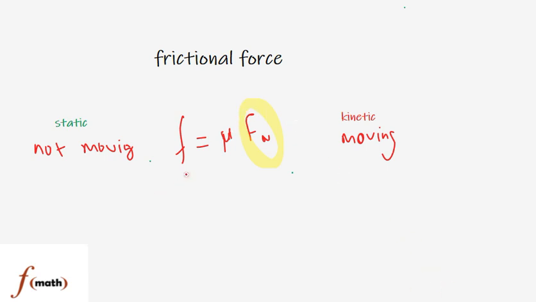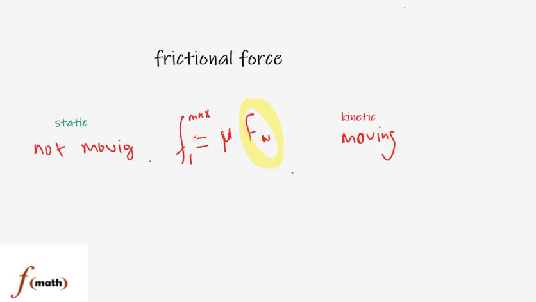This formula is not written exactly like this for both cases, kinetic and static. For static frictional force, there is always an S here and max here. Why is there max there and static? It means that it's a frictional force on a static object, like an object that is not moving.